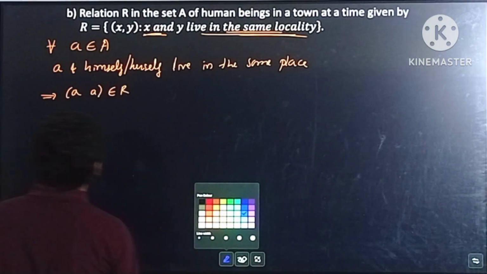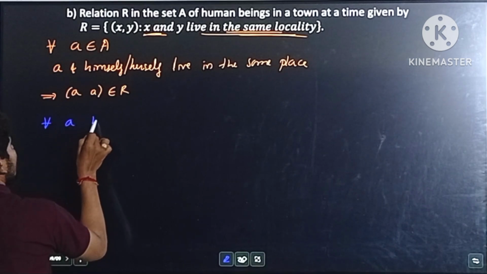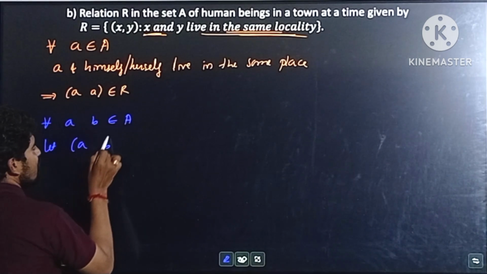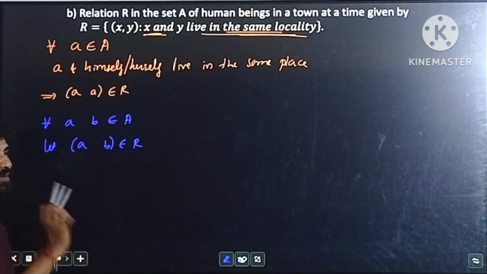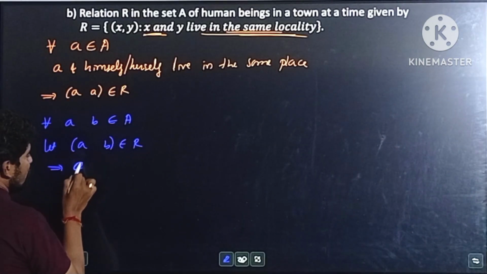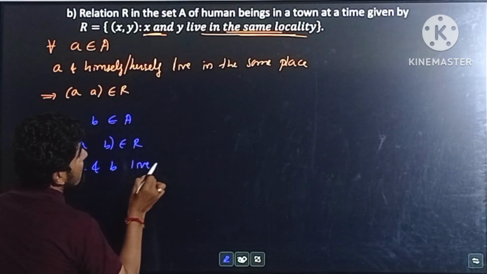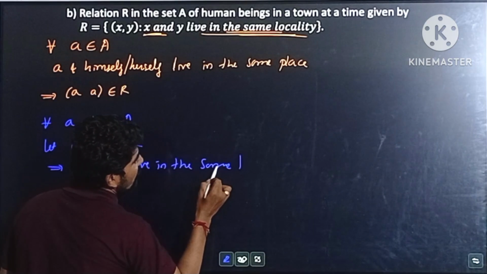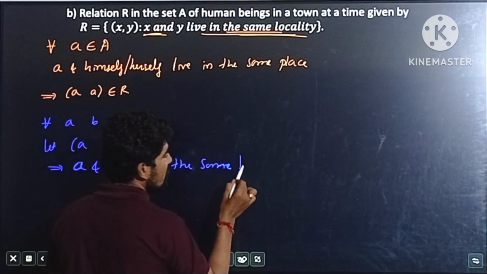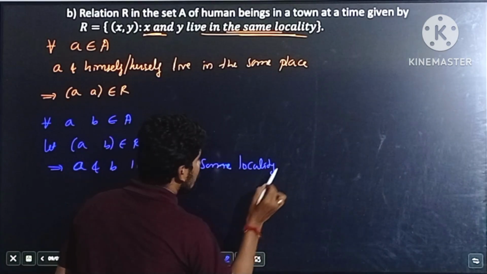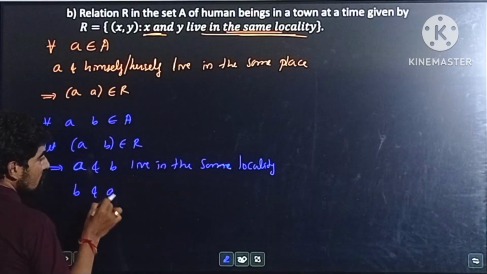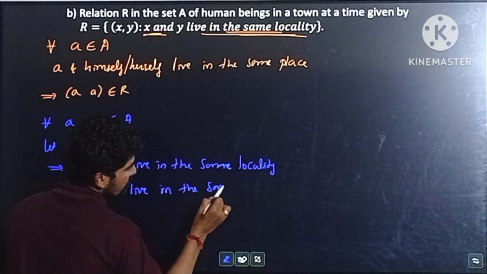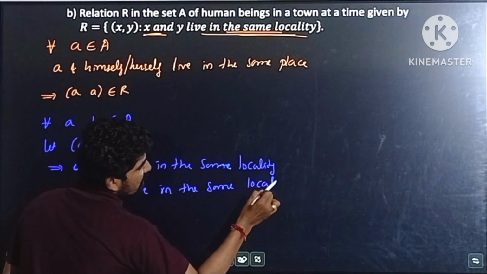Similarly, let us consider the members A and B belonging to the set A. Let us consider one pair AB belonging to relation R. If this pair AB is in R, definitely A and B live in the same locality, and B and A also live in the same locality.